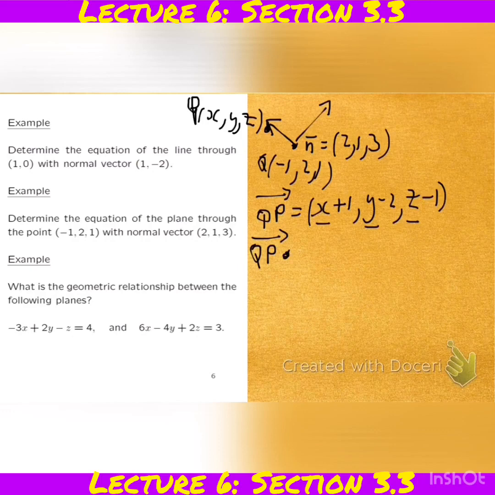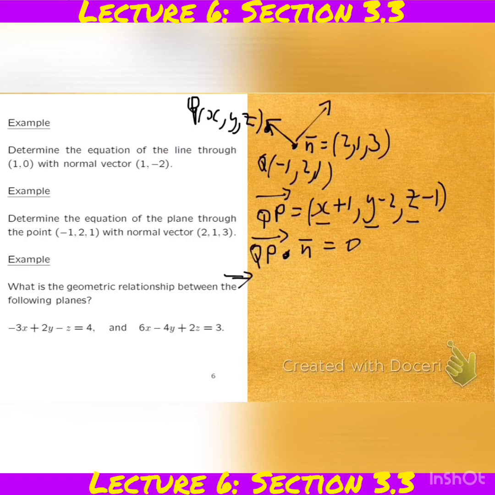You want that vector to be orthogonal to the normal vector, which is then going to give you all your points that have this property. In other words, it's all points x, y, z that are going to lie on the plane.